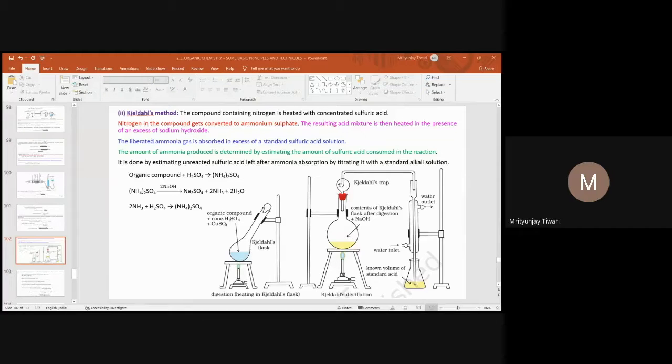Thus if the molarity of H2SO4 is M, the normality of H2SO4 will be 2 into M, again because the valency factor is 2. In the case of NaOH, normality will be equal to 1 into molarity, where 1 is the valence factor, because the cation has plus 1 charge or the anion has minus 1 charge. In the case of H2SO4, the anion has minus 2 charge, and two H plus cations are here. So the valence factor here is 2.